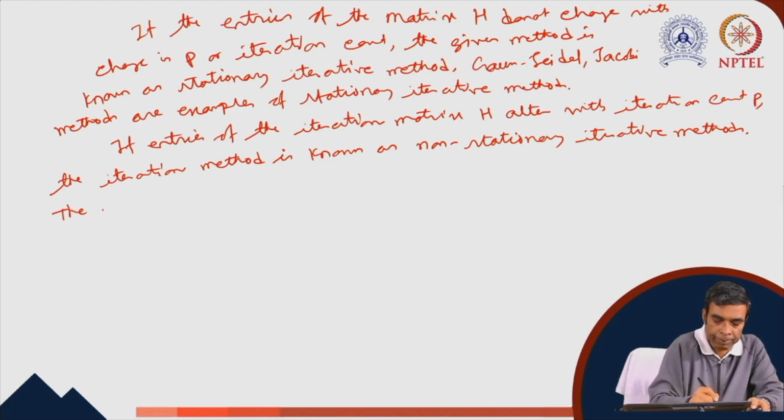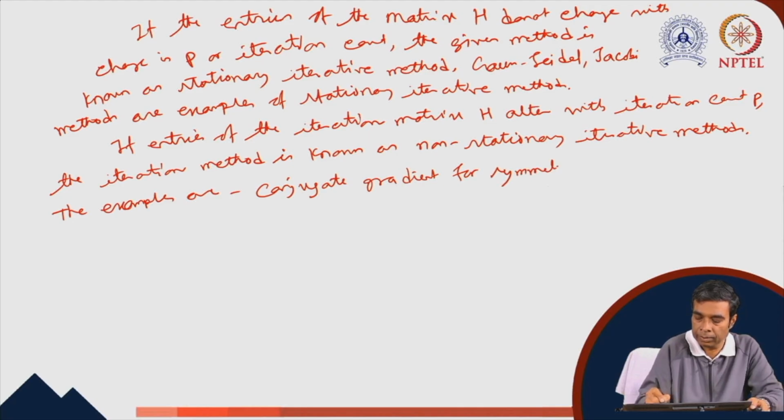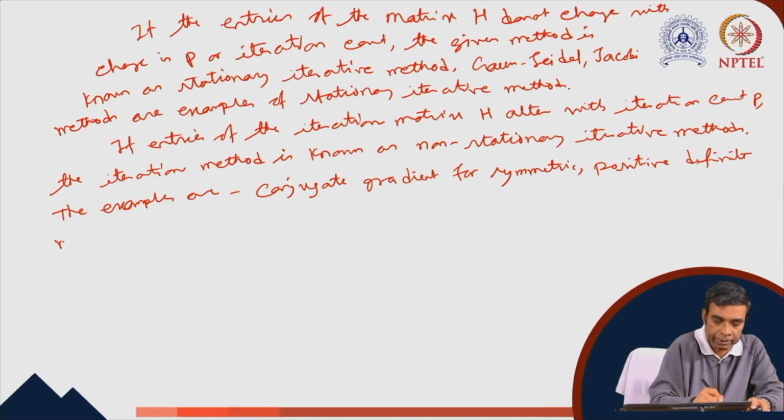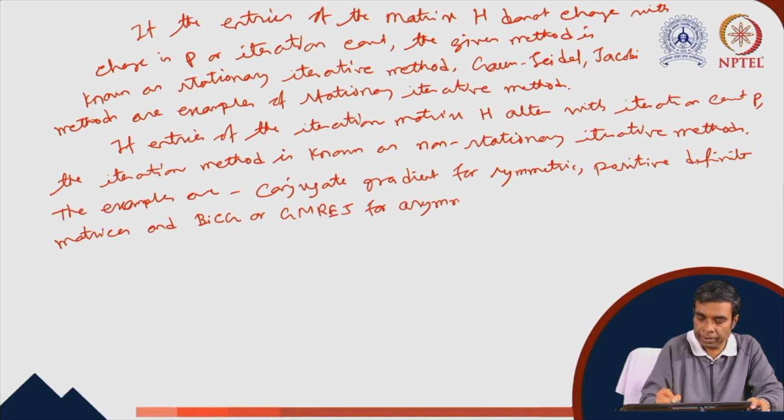The examples of such methods are conjugate gradient for symmetric positive definite matrices and BiCG or GMRES for asymmetric matrices.